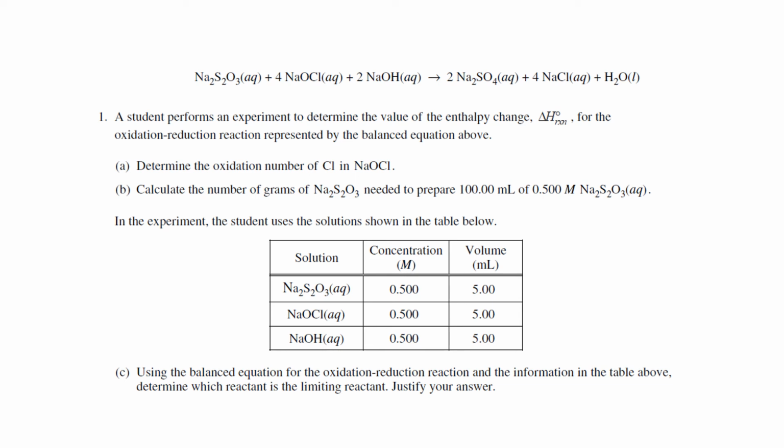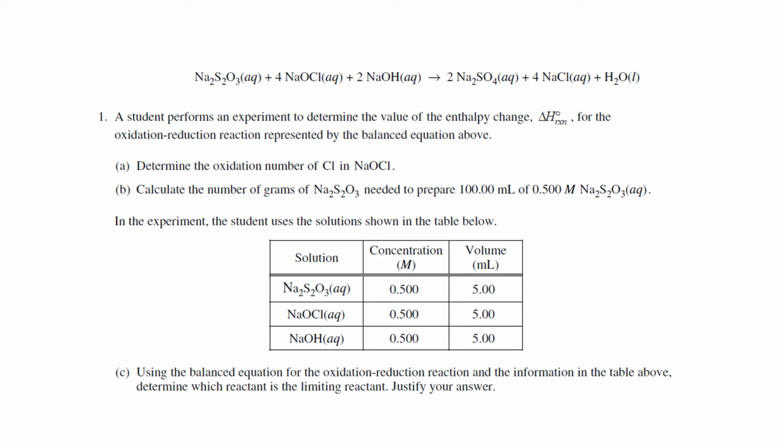It is a good idea to read through the entire problem before you get started, so that you know where you're headed and know what prior information you may need to use for later parts of the problem. Here we have an oxidation reduction reaction, and they're asking for the enthalpy change. Question A asks for the oxidation number of chlorine in sodium hypochlorite.